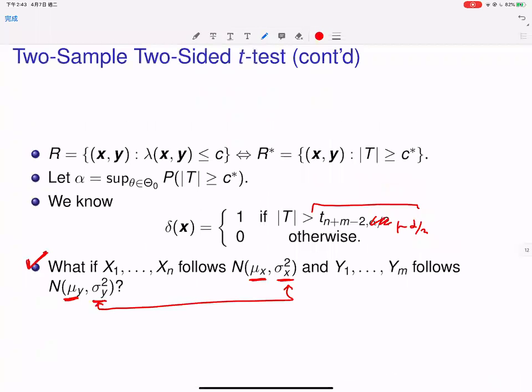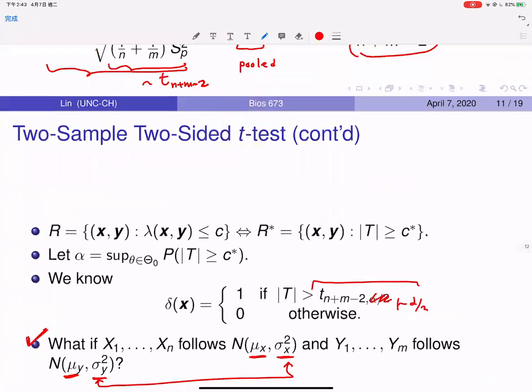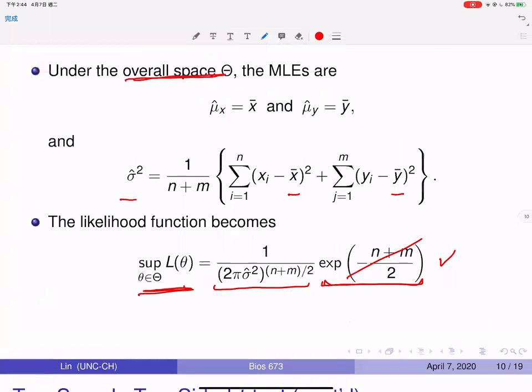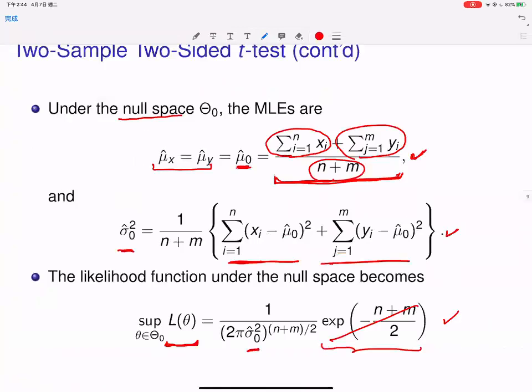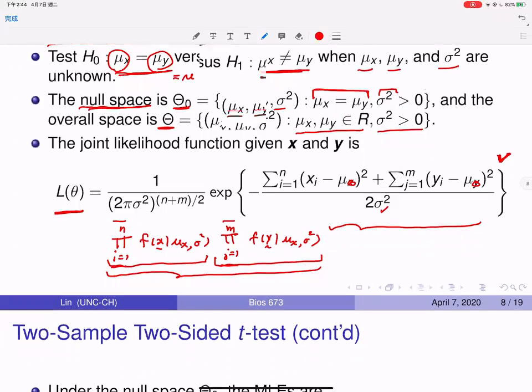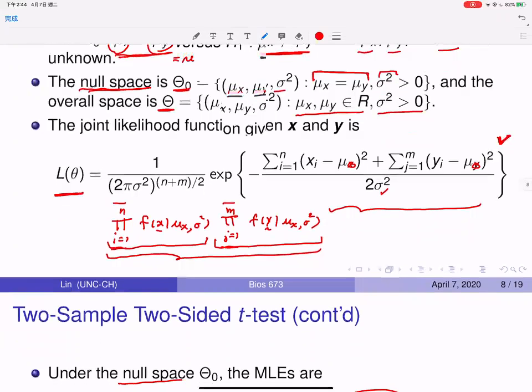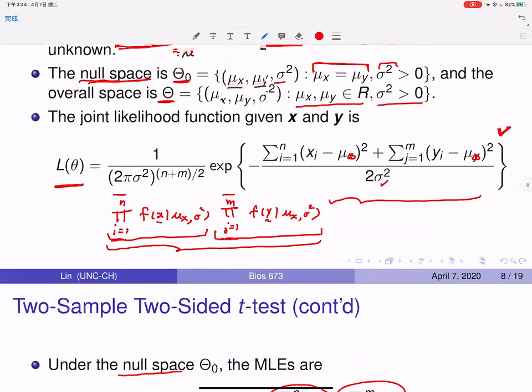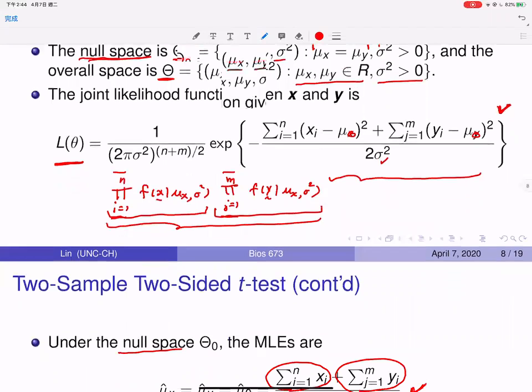To evaluate, what's your null hypothesis, what's your overall space, and then derive the MLE really patiently. I have to say, really patiently, for each of mu x and mu y, and for each of sigma square x and sigma square y.